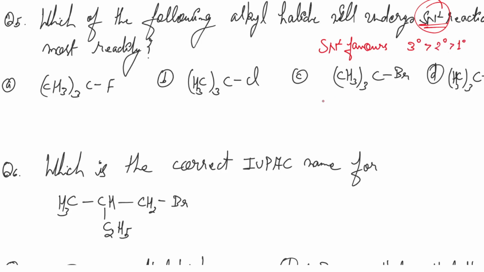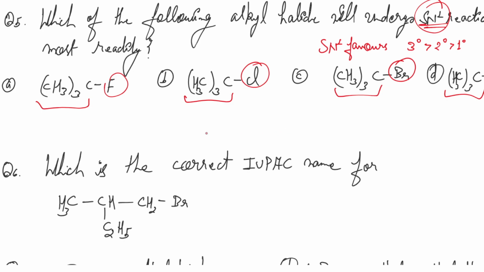So which one is the tertiary? Now we have all tertiary alkyl halides present, but these halogen groups are different. So you just need to understand which will break down easily.